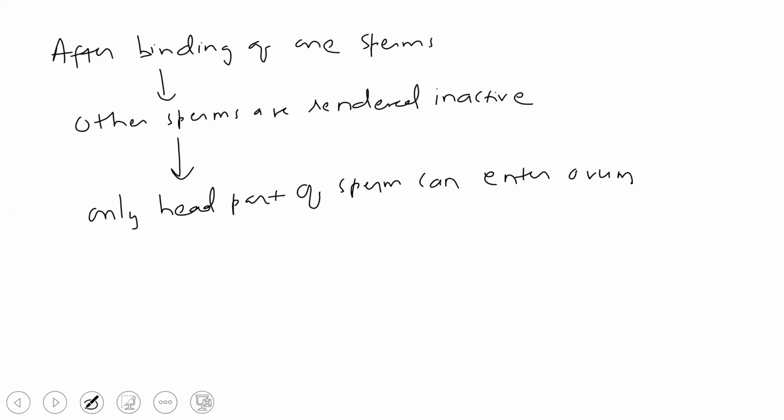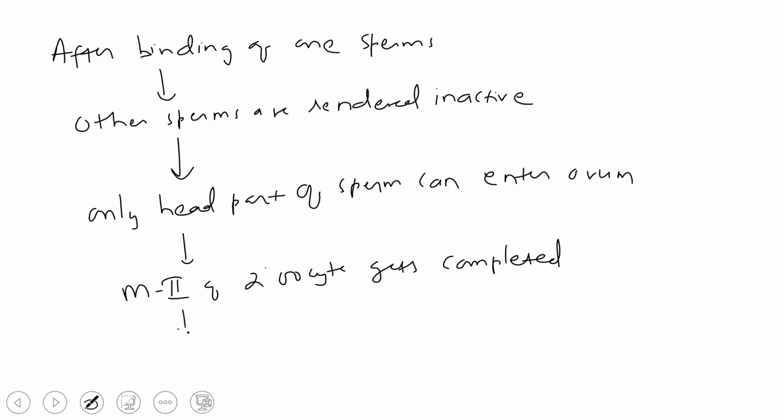So what will happen? Meiosis 2 of the secondary oocyte gets completed. So what will be formed? The second polar body and the ovum are formed.